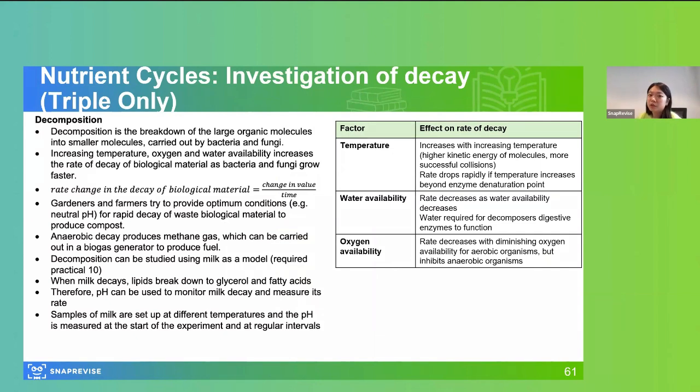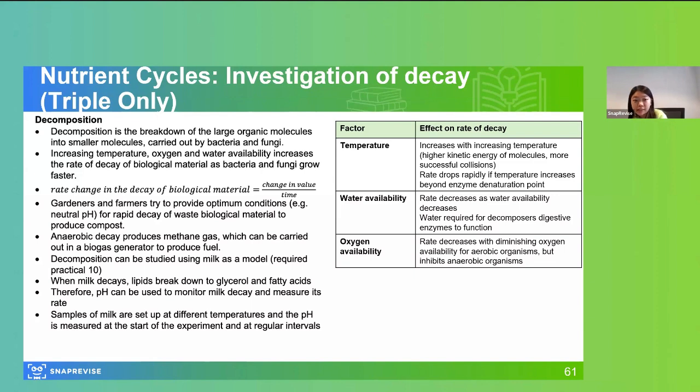Decomposition usually happens when an organism dies and is decomposed. So they're being broken down. On a molecular level, they're being broken from large molecules to small molecules. And this is carried out by things like bacteria, fungi, or decomposers.